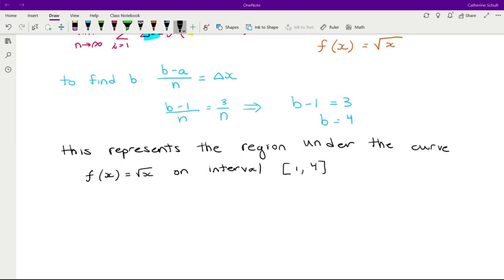All right. So there you go. And again, they don't want us to evaluate the limit yet. We are going to start evaluating the limit in our next part.